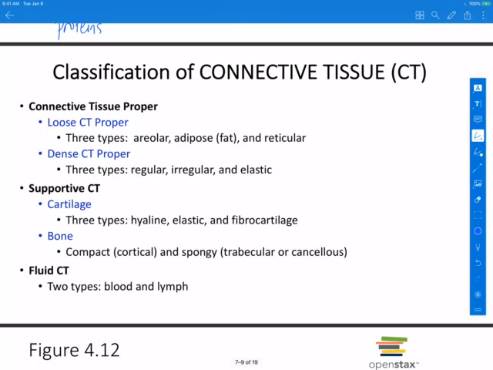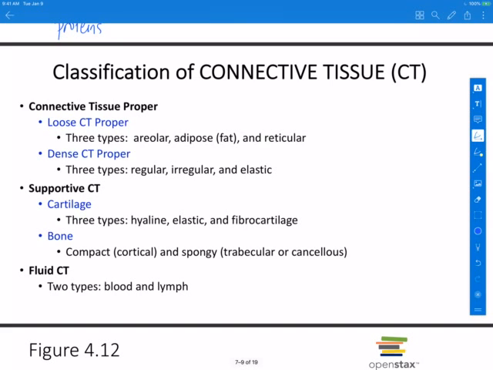Now, supportive connective tissue is the second major class, and it does just what it says. It provides structure and strength, and it basically protects soft tissues. Examples include cartilage and bone. There are three basic types of cartilage: hyaline cartilage, elastic cartilage, and fibrocartilage, and we'll look at an example of each of those.